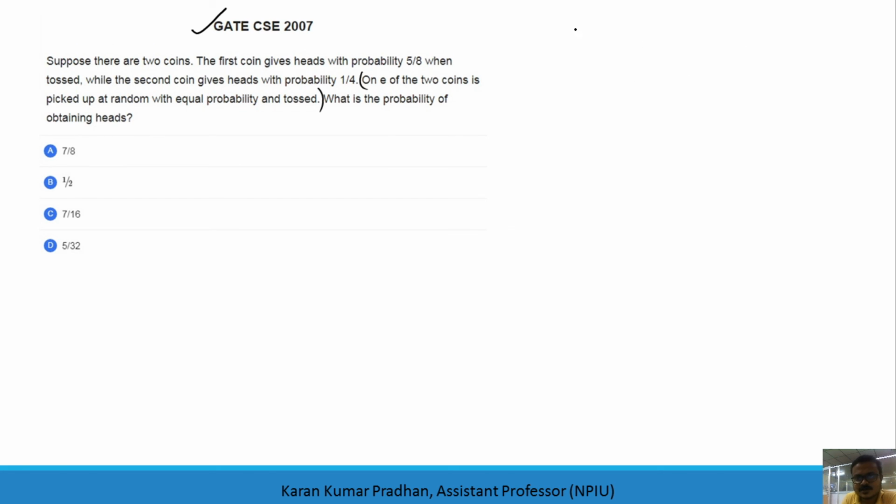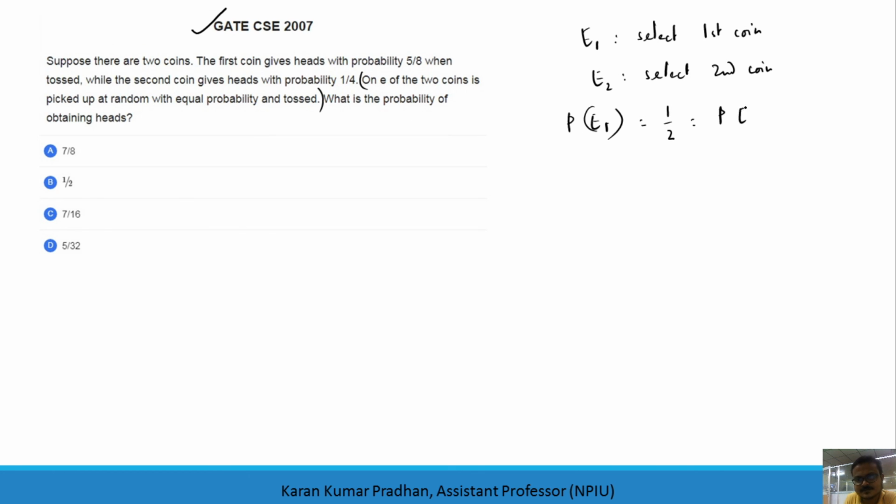Obtaining heads is the new information we are providing. Let E1 be selecting the first coin, because one of the coins is picked up at random, and E2 be selecting the second coin. For the prior probabilities, we know it is given as equal probability, so they have the same probability of 1 out of 2.